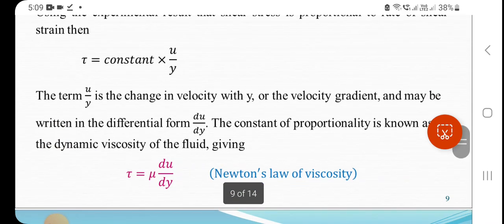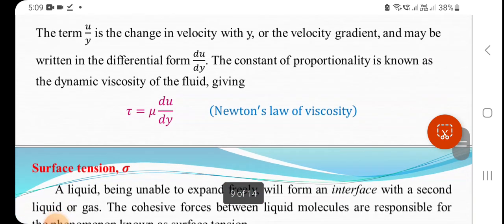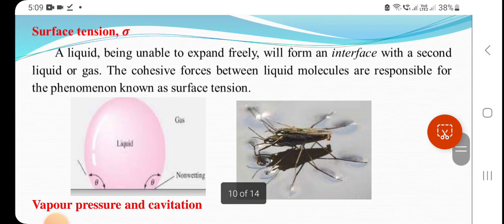The term u by y is the change in velocity with respect to y, or the velocity gradient, which may be written in the different form du by dy. The constant of proportionality is known as the dynamic viscosity of the fluid, giving tau is equal to mu times du by dy. This is Newton's law of viscosity.